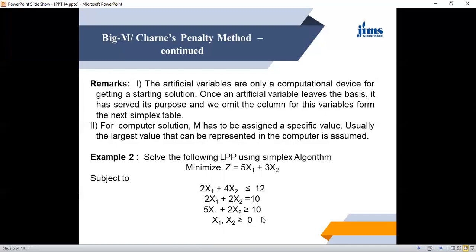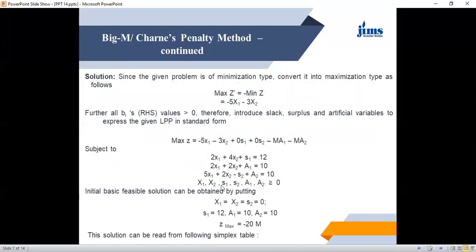But at the same time, when we say minus s2, we also add another artificial variable a2. So this will be 5x1 + 2x2 - s2 + a2 = 10. All of x1, x2, s1, s2, a1, a2 will be greater than or equal to 0.